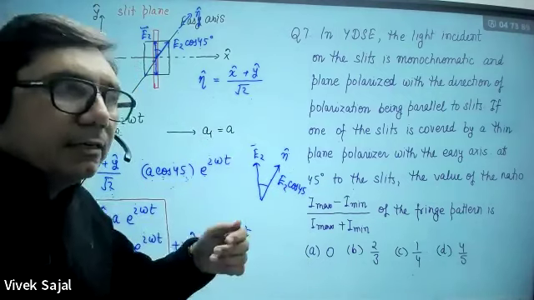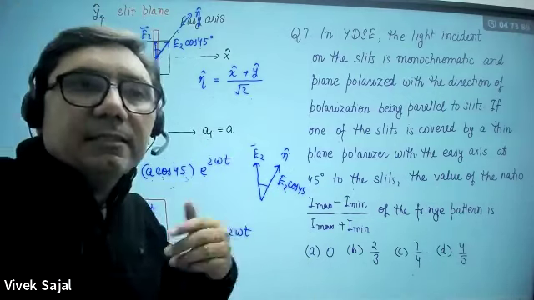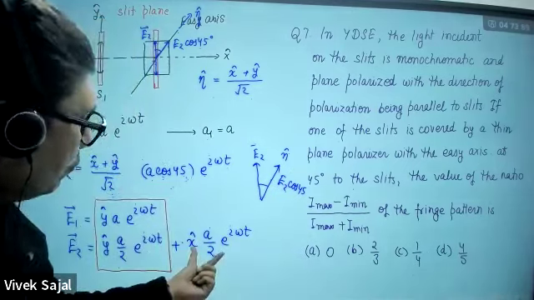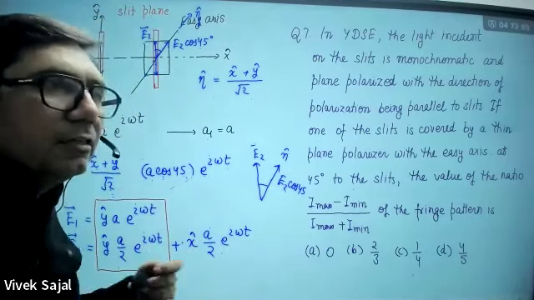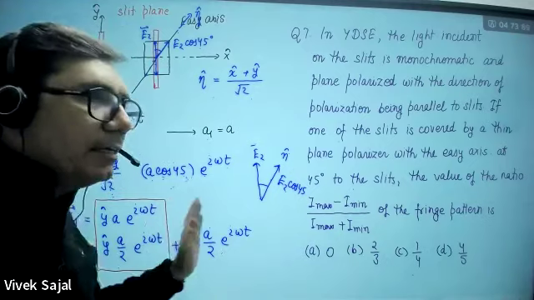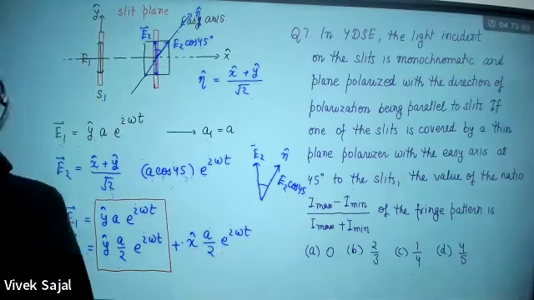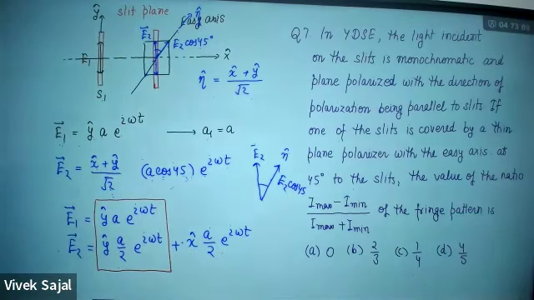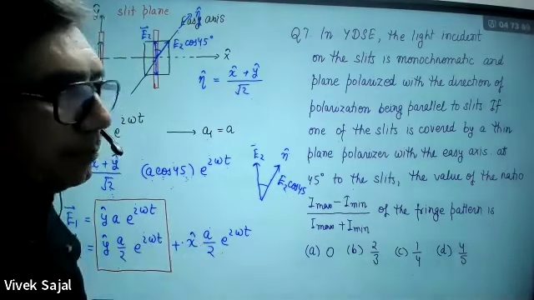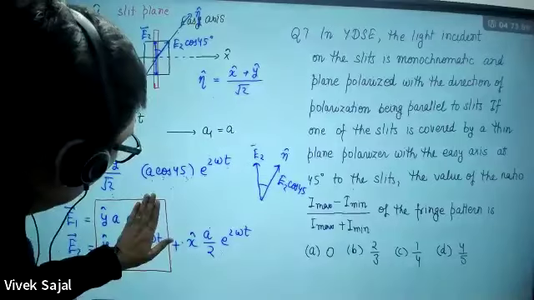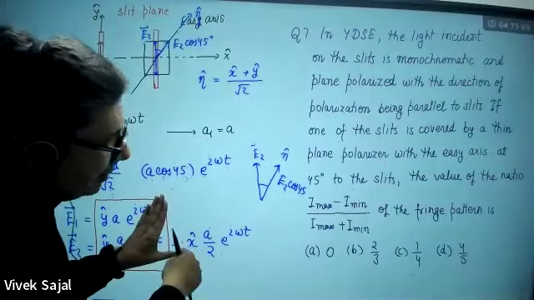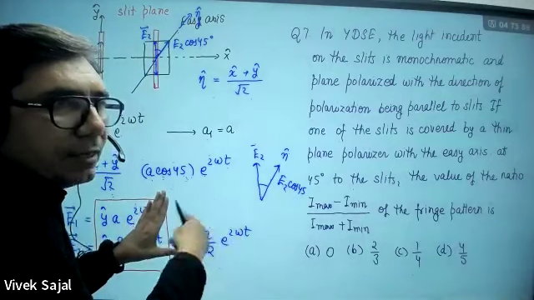I have written there the maximum intensity and minimum intensity. What this component is going to do, because it is not interfering, it will create a uniform illumination. What will be the intensity due to this at every point? That will be the square of its amplitude. Okay, if you forget this and you are having only this light, what will be the intensity of this light?